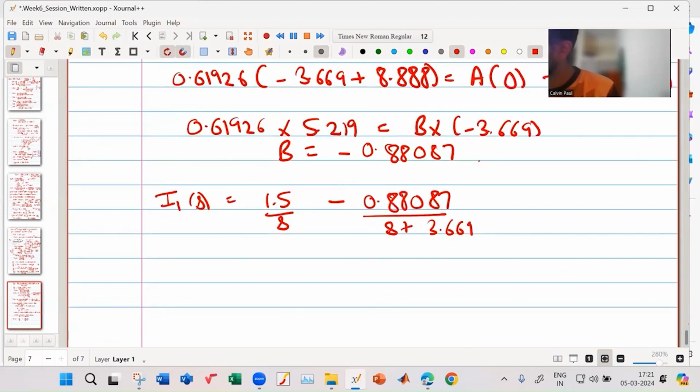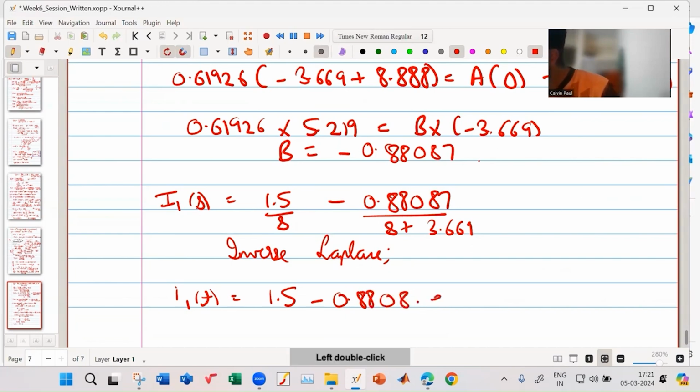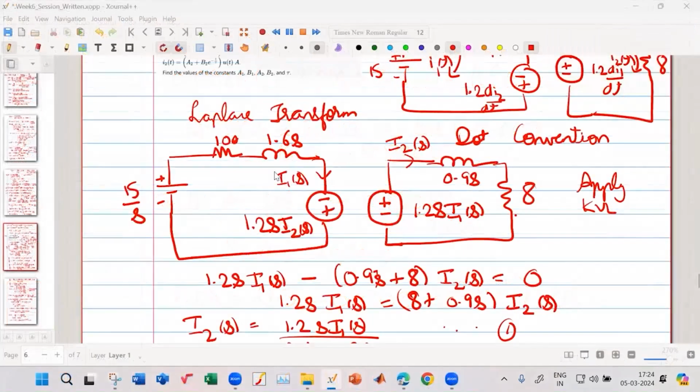When I take the inverse Laplace transform, I get I1 of t is equal to 1.5 minus 0.88087 into e raised to minus 3.669t into u of t.